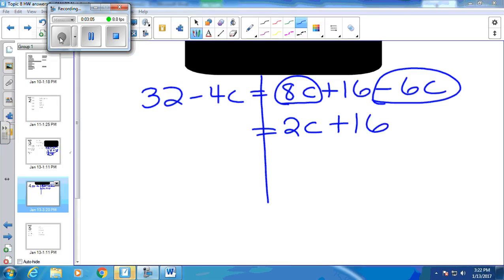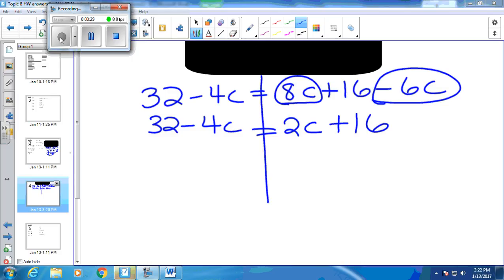Now, again, the goal is to keep solving a series of simpler equations. So I'm rewriting the 32 minus 4c directly across from the 2c plus 16. Now, this is a spot where you have 4 opportunities to solve this problem, and you can do all 4, and as long as you solve it correctly, you'll get it right.